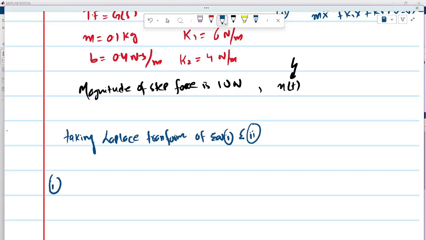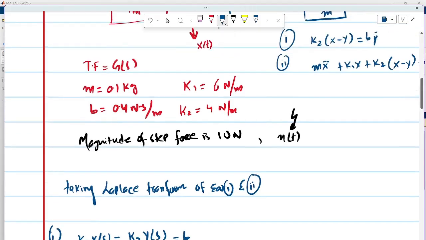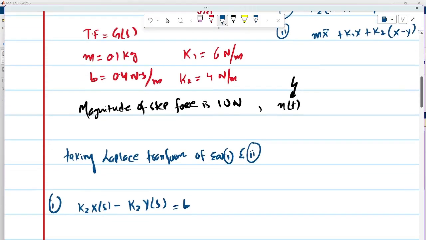So equation 1 will become k2 X of s minus k2 Y of s equals b s Y of s, if we simplify this.